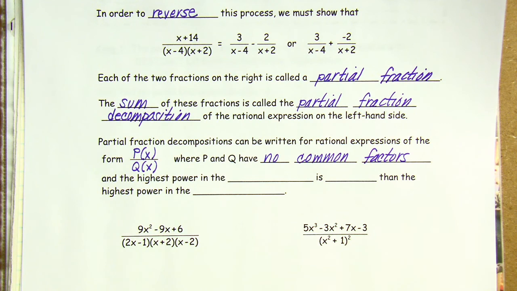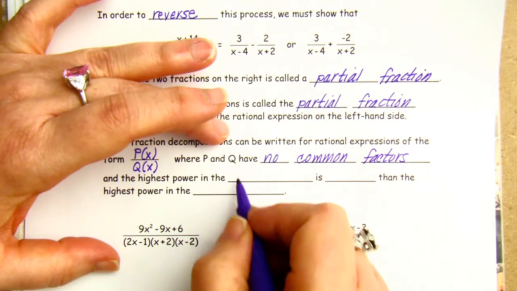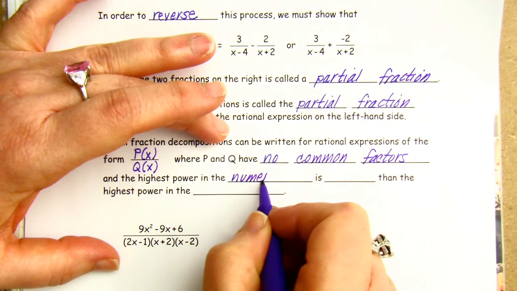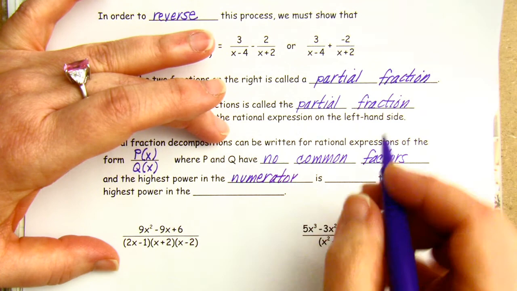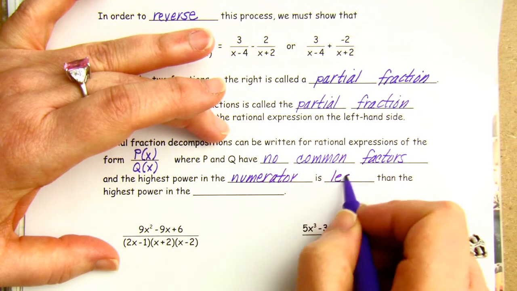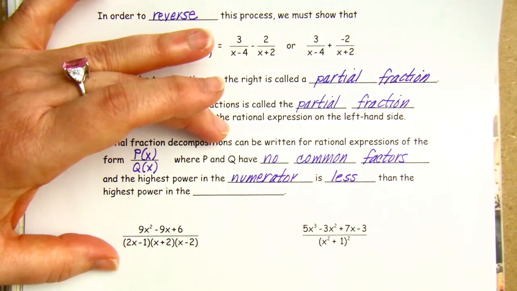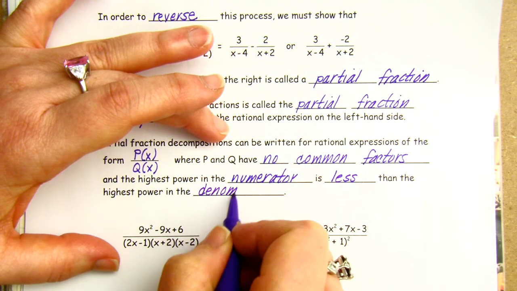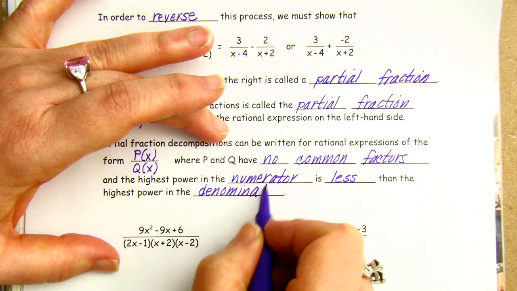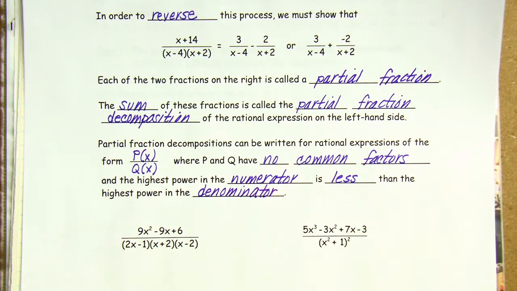So they have no common factors. And the highest power in the numerator is less than the highest power in the denominator. So that's something you're going to want to remember as well.